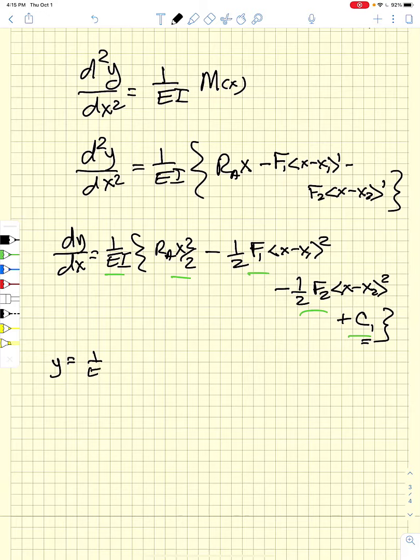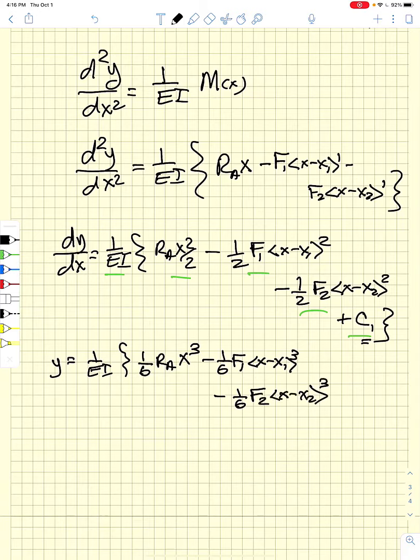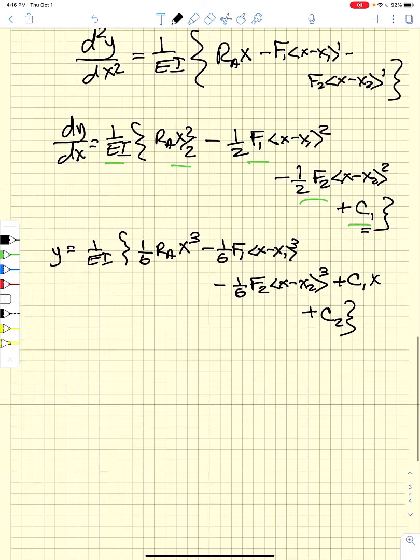We integrate again. y equals 1 over EI times the quantity 1/2 RA, well, multiplied by 3, you get 1/6 RA x cubed minus 1/6 F1 (x minus x1) cubed minus 1/6 F2 (x minus x2) cubed plus C1 x plus C2. What we know is this.